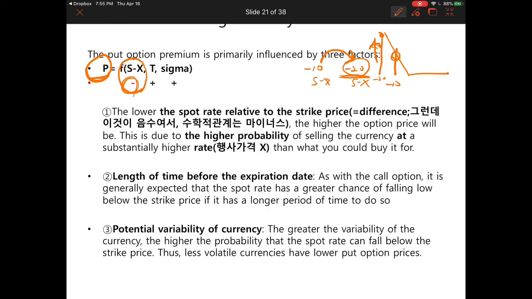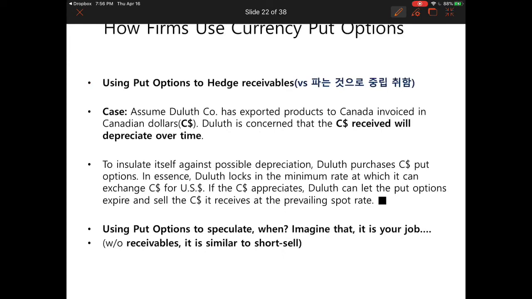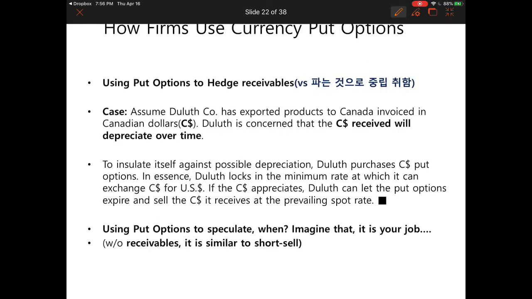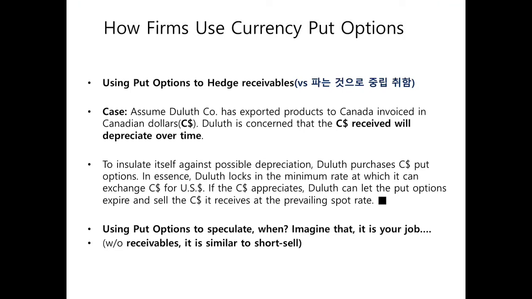And let me move to the next slide. Now here, we already thought about when a firm uses a currency call option. Now we want to talk about when a firm wants to use a currency put option, right? The firm wants to use a call option if it has an obligation to pay later.